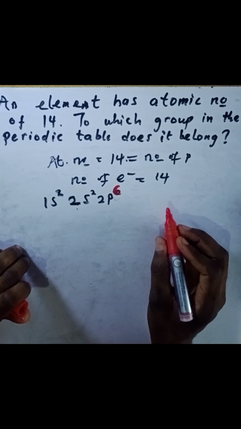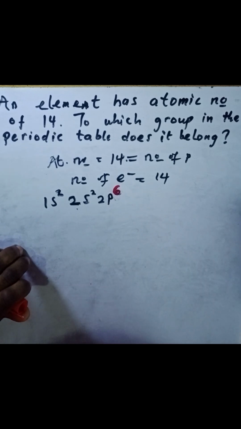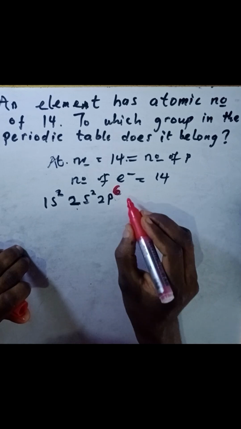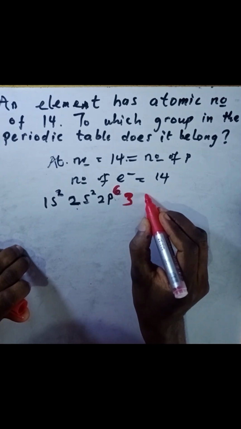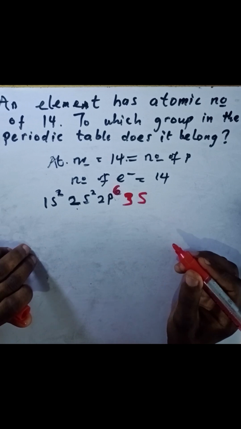We are left to work with 4 electrons now. Now we are going to the third energy level, which is 3s again. In the third energy level, we have the possibility of having 3 atomic orbitals.